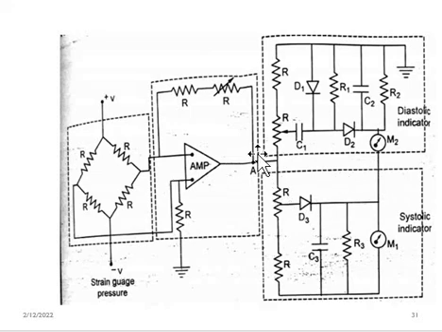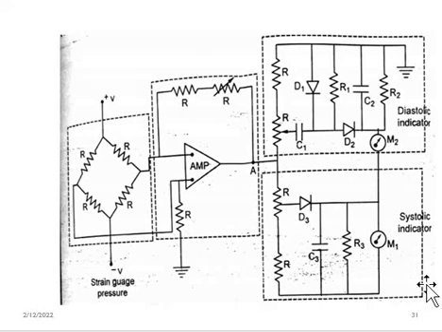When the junction A is excited by a very high positive pulse, diode D2 will be in forward bias and this charges the capacitor C3, and that charged value is measured as the systolic value.